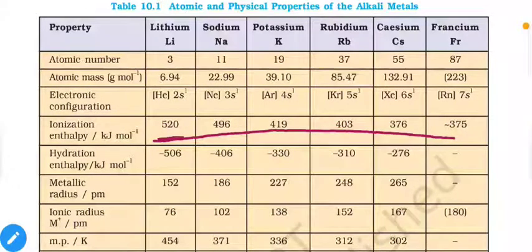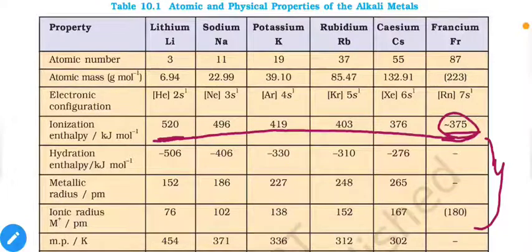That means removal of an electron becomes easier because of larger size. Now for francium, we do not have enough data because of its radioactive nature and very short lifespan. That's why its value is mentioned as approx. And you will notice many values are not even mentioned because we do not have enough data.